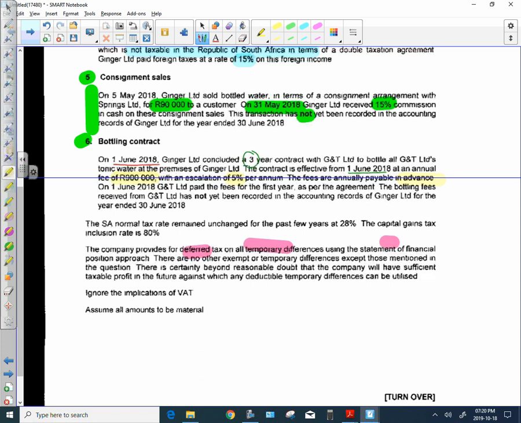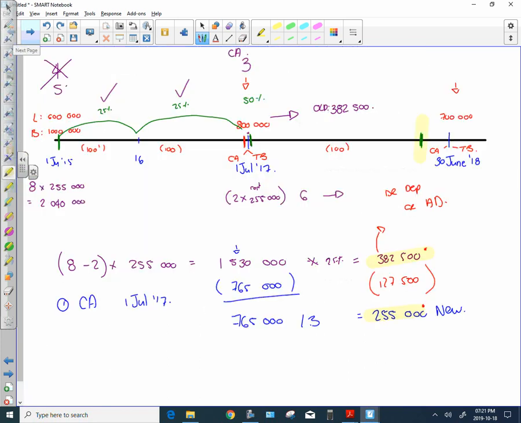So then they told me that on the 1st of June, G&T paid the fees for the first year as per the agreement, and the bottling fees received from G&T have not yet been recorded in the accounting records for the year ended 30 June 2018. Right, so on this day, I actually received 900,000 into my bank account.